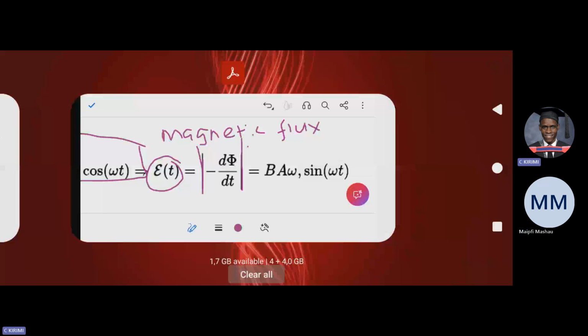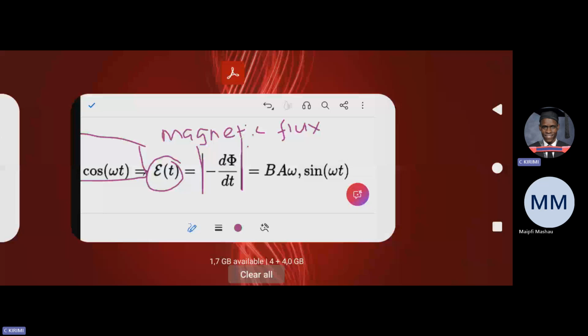Once you have your flux, you can calculate the flux, which is B, which is 10, multiplied by the area, cos omega t. You know omega is now 1000 radians per second, which means it's 1000 t. So now we need to calculate the peak EMF.